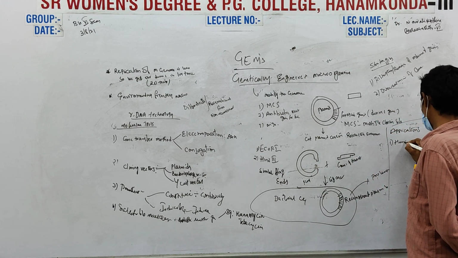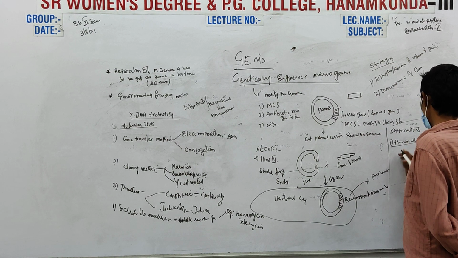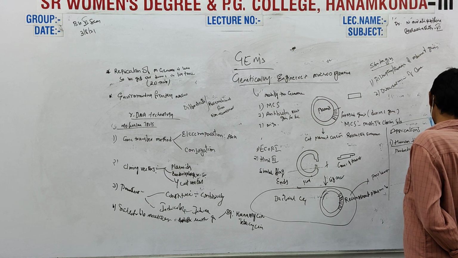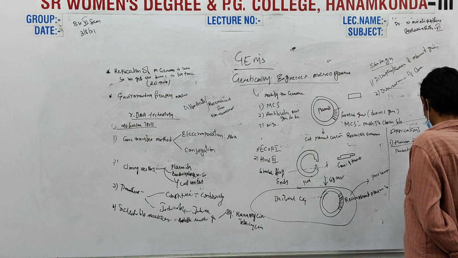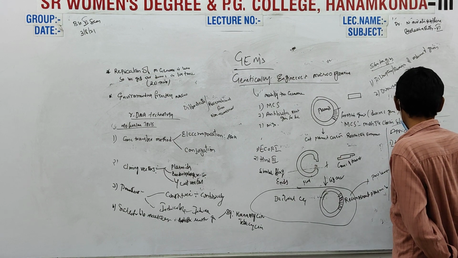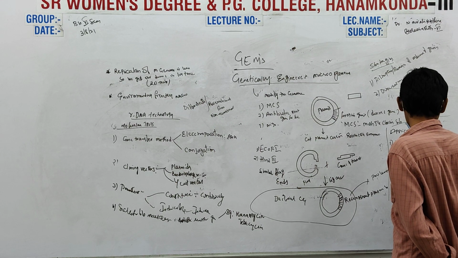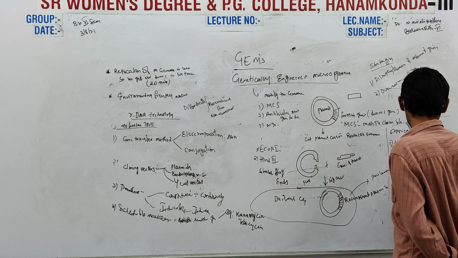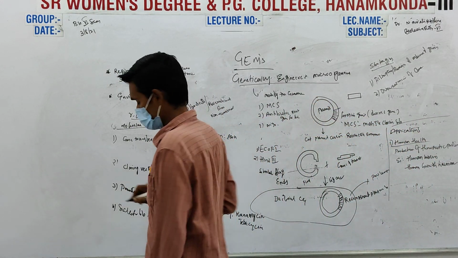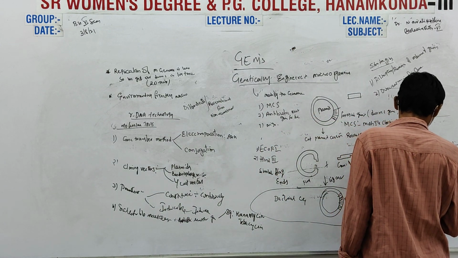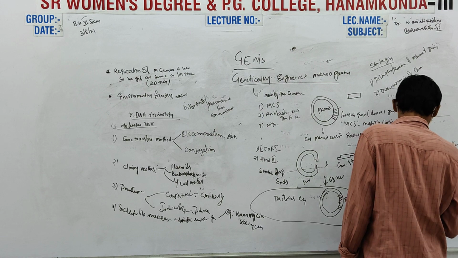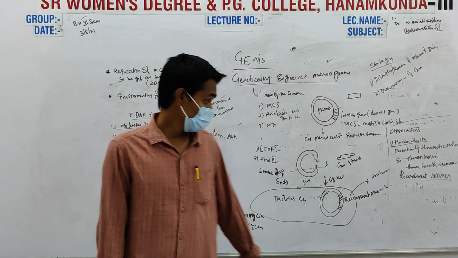In human health, these modified organisms are used for the production of therapeutic proteins, which include human insulin, human growth hormone, and recombinant vaccines.